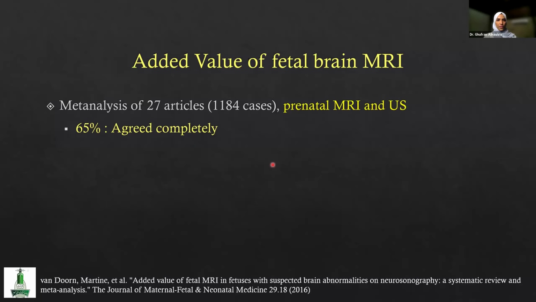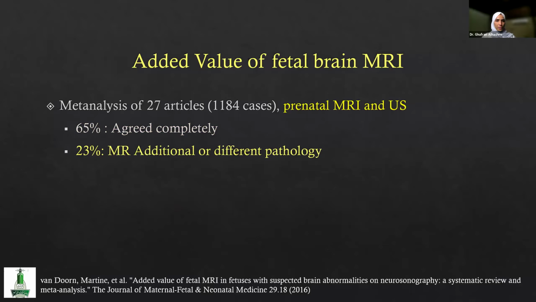When looking at fetal brain MRI and the added value of that compared to ultrasound, there has been a meta-analysis of 27 articles where prenatal MRI and ultrasound were compared. Both MRI and ultrasound agreed completely in 65% of cases.